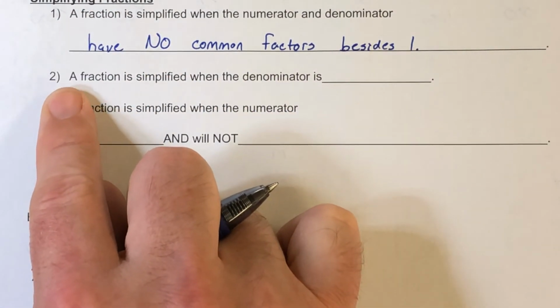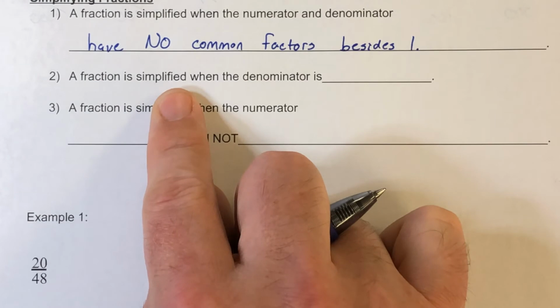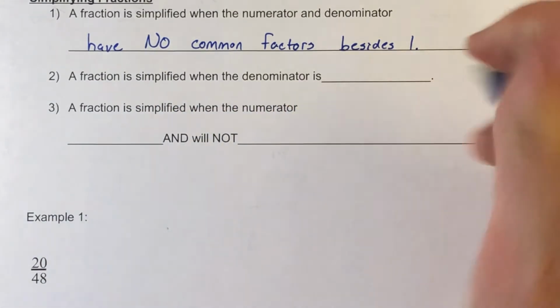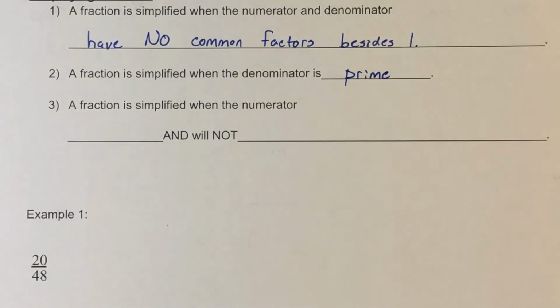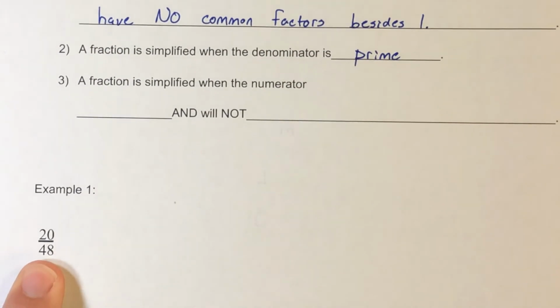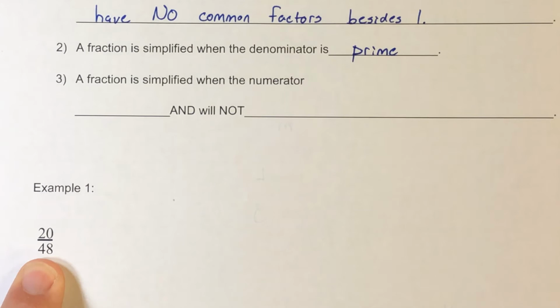Second, a fraction is simplified when the denominator is prime. Now, if I were to look at this example, I would see that our denominator, the bottom number, is not prime, that means that this fraction potentially, most likely, is not simplified.